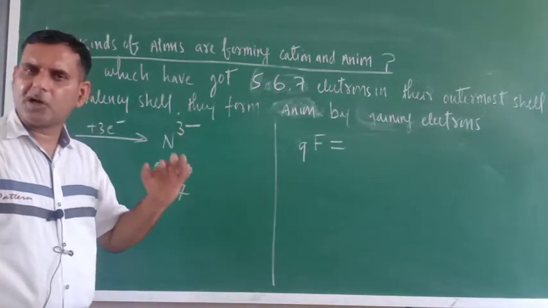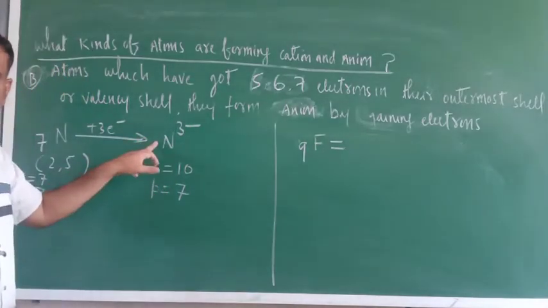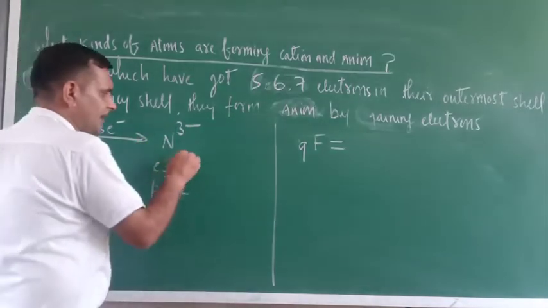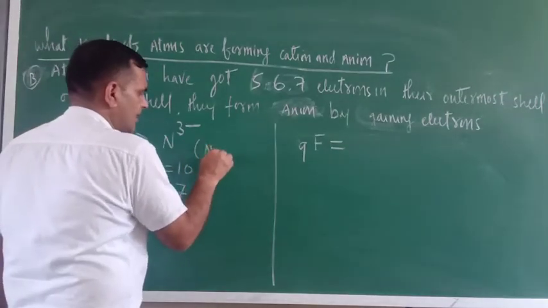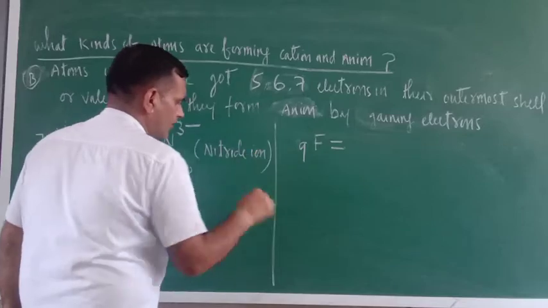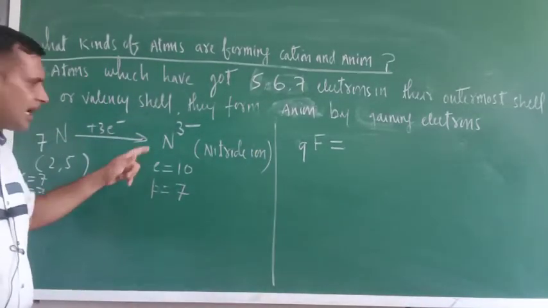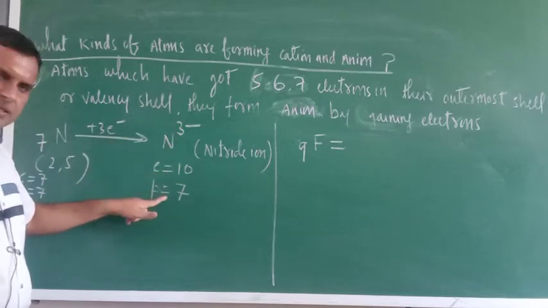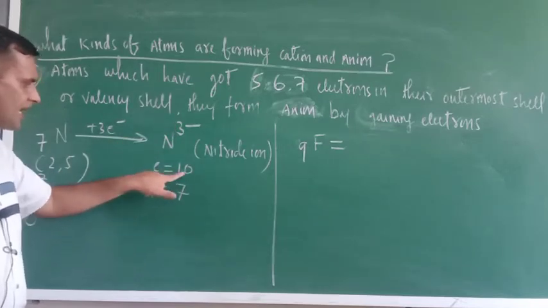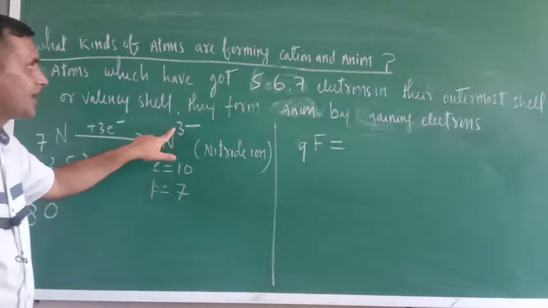But here in this negatively charged ion, this is called nitride ion. What is the name of this one? Nitride ion. In this nitride ion, 3 electrons are extra. Just see, proton is 7 but electron is 10. That is why 3 negative charge is there.